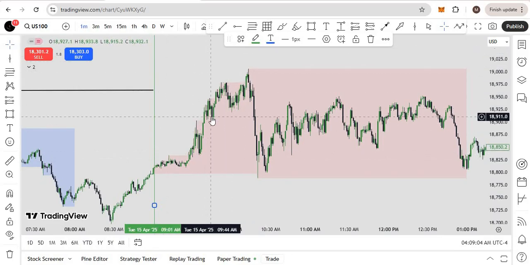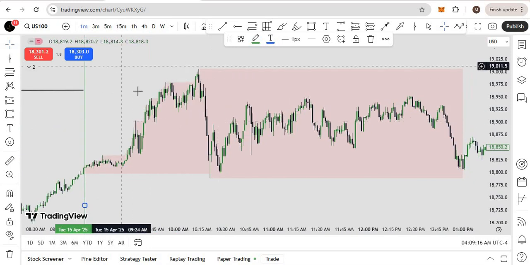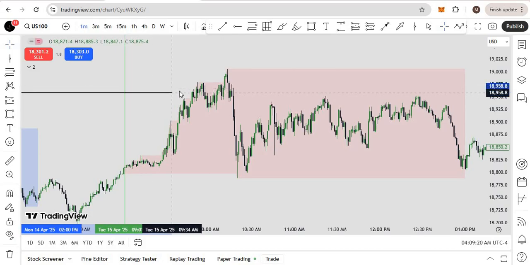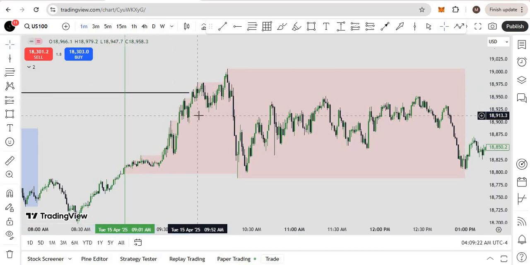You can easily achieve it, but if you have narratives that also bias with you, you wait for your setup. So here, basically once this is taken out, right? If you see exactly here, it induced many people, if they are newbie ICT traders, with the market structure shift.